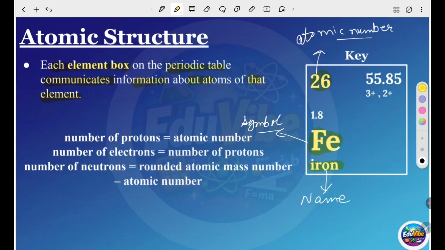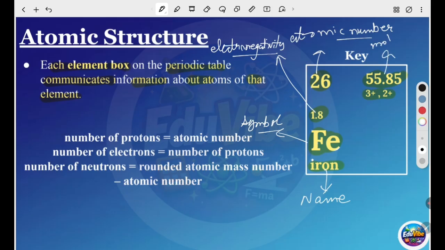You also see some numbers like this one, this one, and this one. So let's see what all these numbers are. This one is electronegativity. This is the molar mass of that element.